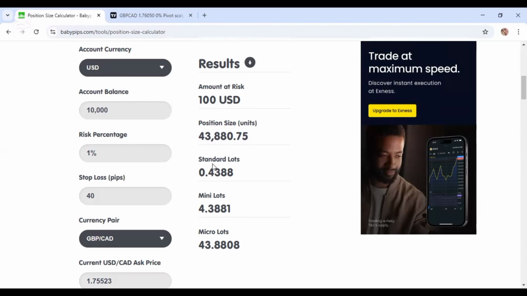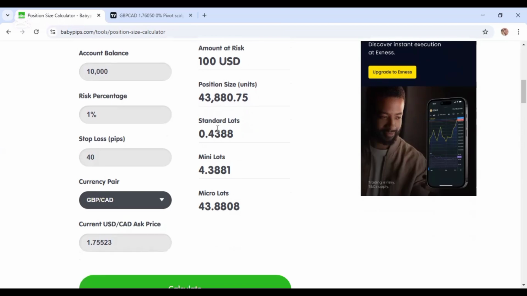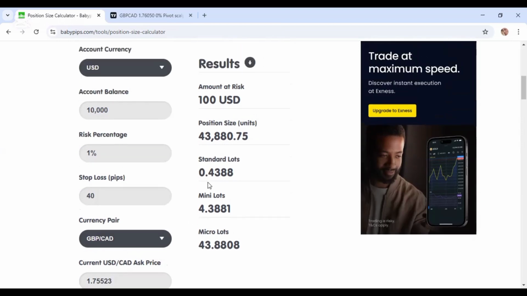And the lot size we're going to use for this trade is 0.43 if you're trading a standard account. If you're trading a mini account, this is the lot size you use. If you're trading a micro account, this is the lot size you use. But for this example, we are trading a standard account, so we'll stick to the standard lot.